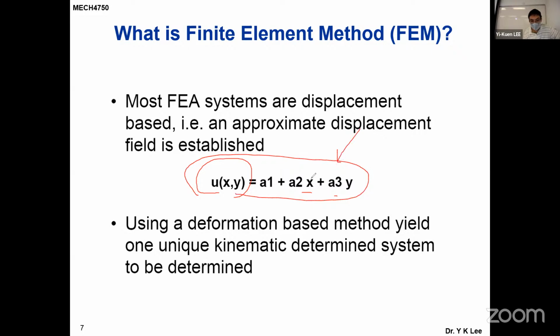We use this kind of simple polynomial-like function to describe the displacement of each element. Of course, the key thing here is how I determine this A1, A2, A3 based on some mathematical formulation.